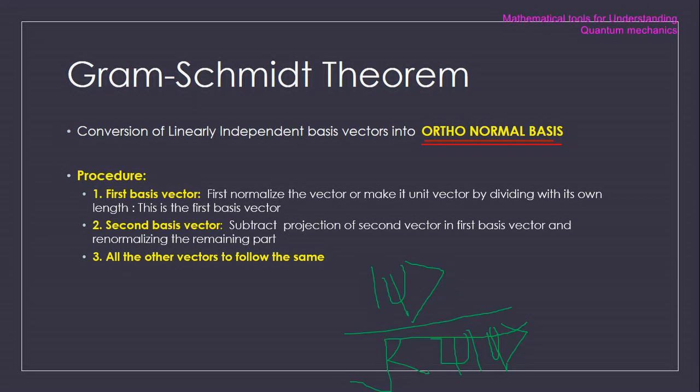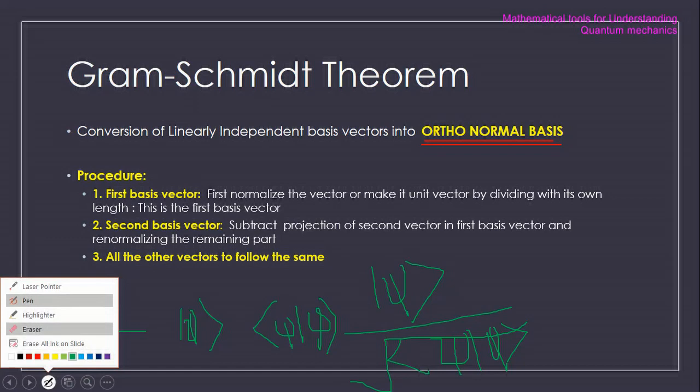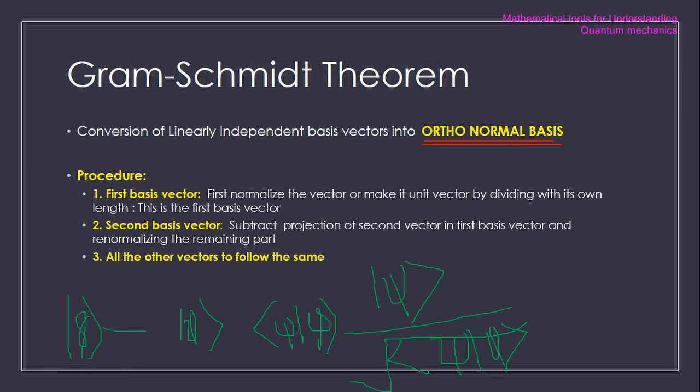For example, if you take phi, its projection on psi is the scalar product of psi and phi times psi. So this is the second vector. And like this, we have to subtract, for all the remaining basis vectors, the projections on all the earlier vectors.